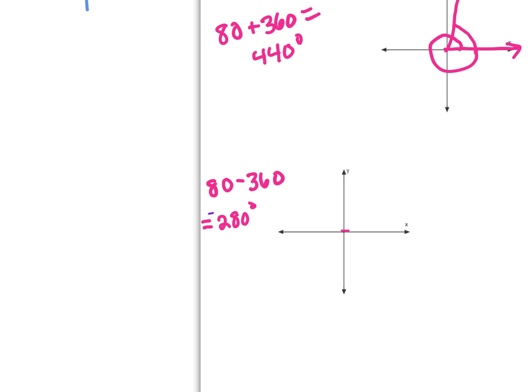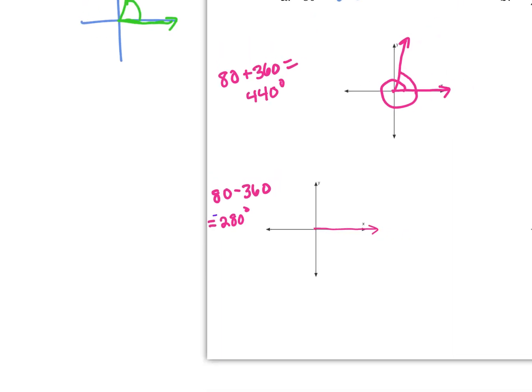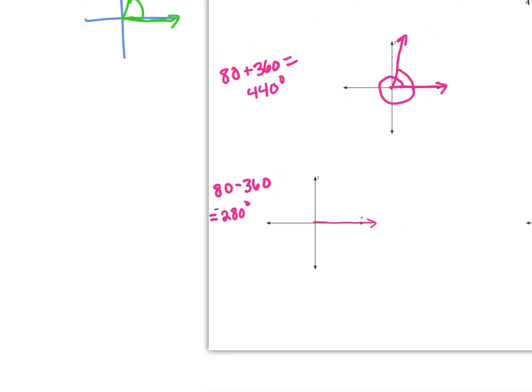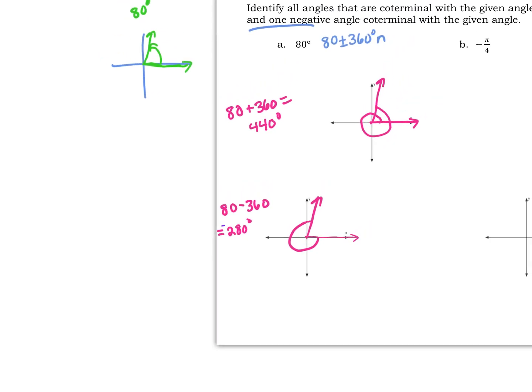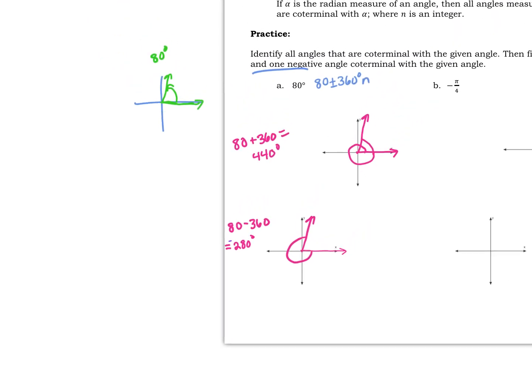Okay, so we're starting in that same standard position. This is saying though we're rotating around this way and we're going negative 270 and then a little bit more. We're stopping in that same place. So all of those angles look the same in terms of where we're starting, where we're ending, but we've rotated 3 different ways to get that 80 degree angle, that 440 degree angle, and that negative 280 degree angle.